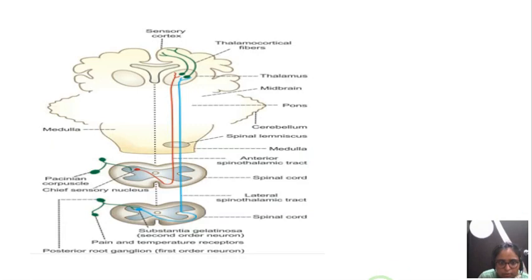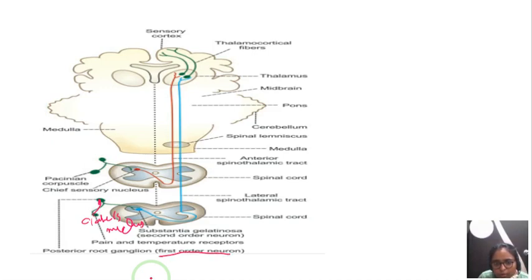From the receptors, it originates, and in the posterior root ganglion, which I also call the dorsal root ganglion (posterior or dorsal is the same thing), it forms a first order neuron.